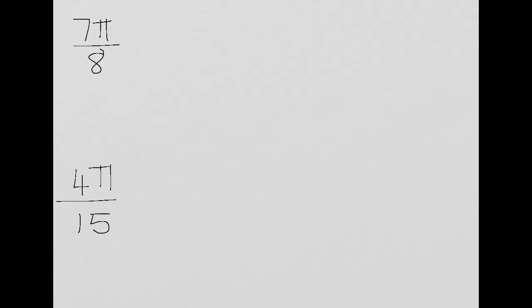So this is 7 pi over 8, which is the same as 7/8 of pi, which you should be quite fluent with, because it's the same as saying 7a over 8 is the same as 7/8 a.